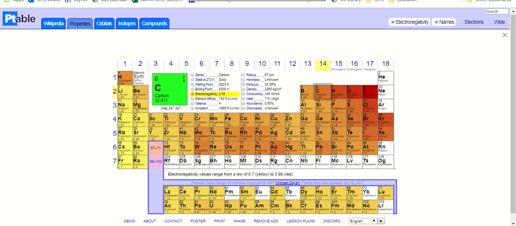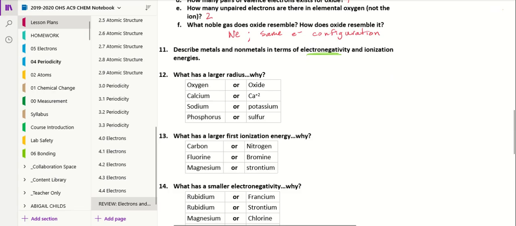So nonmetals are up in the upper right. Do they have higher or lower electronegativity than metals? Much higher. And then your metals have lower electronegativity. So there's a good diagram for you guys to look at if you wanted to compare metals to nonmetals for electronegativity.